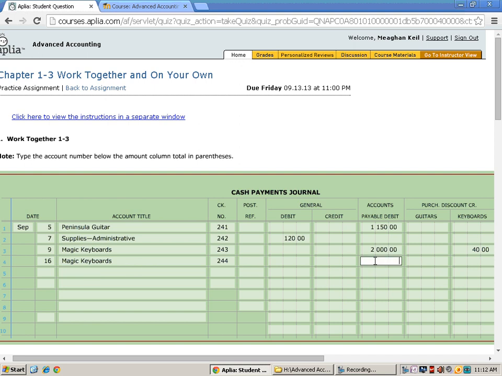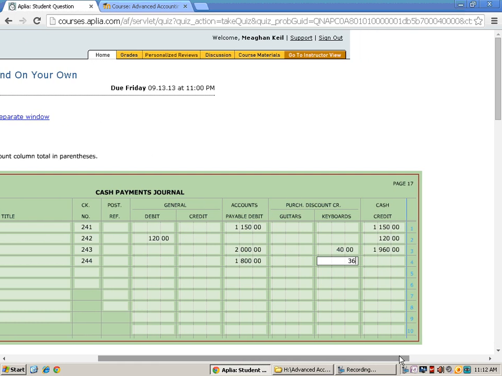We were supposed to pay them $1,800. Well, we also paid early, so we're going to take $1,800 multiplied by 0.02 to get a discount under keyboards again of $36. So we subtract our $36 from our original amount, the $1,800, so we owe them $1,764.